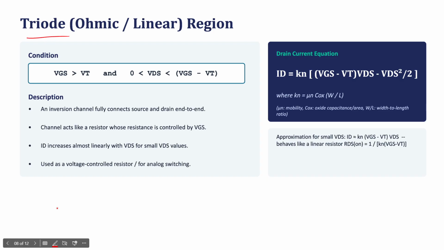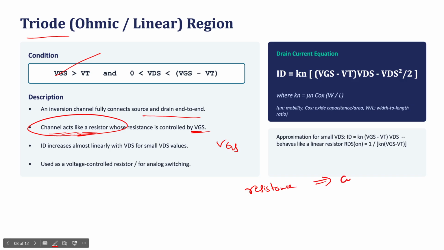So coming to the triode region. This is the condition we discussed till now. An inversion channel fully connects the source and drain end to end. The channel acts like a resistor whose resistance is controlled by VGS. If we control the resistance, indirectly we control the current.